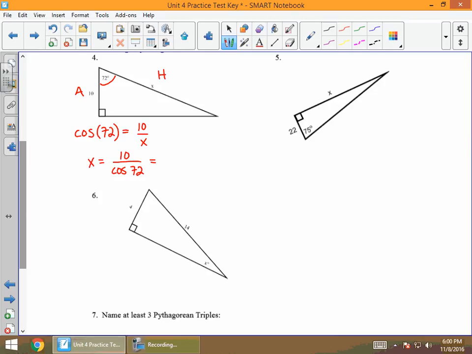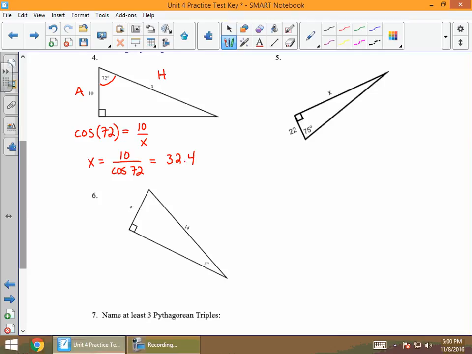I do 10 divided by cosine of 72 right in the calculator, rounded to 1 decimal point is 32.4. Does it seem reasonable that the hypotenuse could be 32.4 units? As I look at the short leg, it looks like it is 10, so 32.4 does not seem too far-fetched.